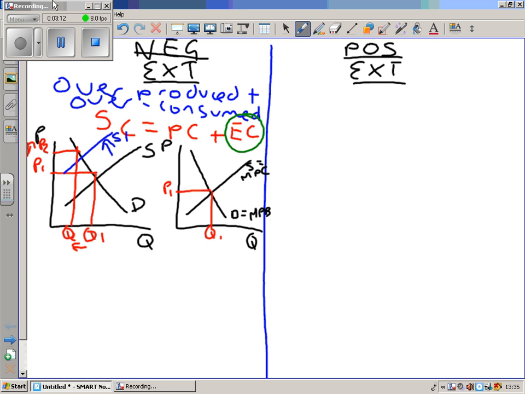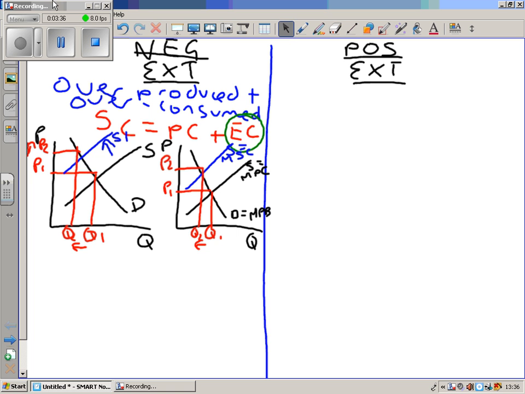And again, remember here, all external costs are being ignored. So if we corrected the problem, supply would be up here, where it is equal to full social costs. So again, if people paid full social costs, price would rise, and because of that, quantity would fall. So that's the problem we've got there.